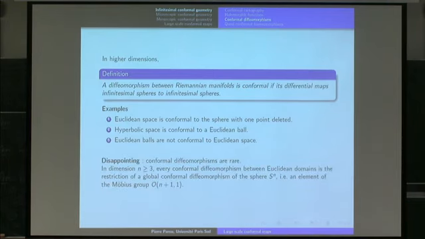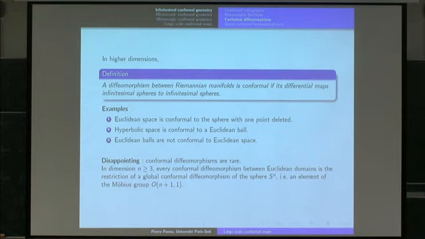But this sounds nice, but it's disappointing because there are few conformal diffeomorphisms. A classical theorem of Liouville from the 19th century says that conformal mappings, even local ones, in dimensions at least 3, extend to global conformal mappings of the sphere, forming a finite dimensional Lie group, the Möbius group.